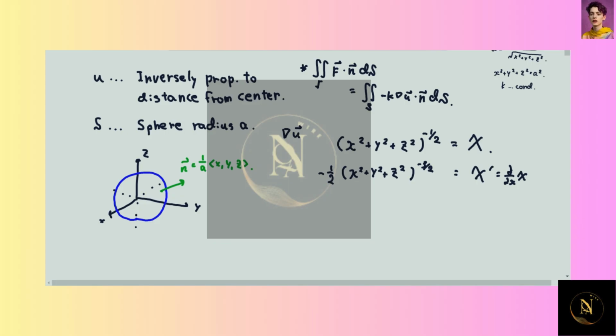We do this with the power rule, but the chain rule tells you you'll be multiplying by the derivative of the inside with respect to x, so you will have to multiply 2x. y and z are independent from x, so we do not need to worry about that. And this simplifies to negative x over x squared plus y squared plus z squared to the 3 over 2.